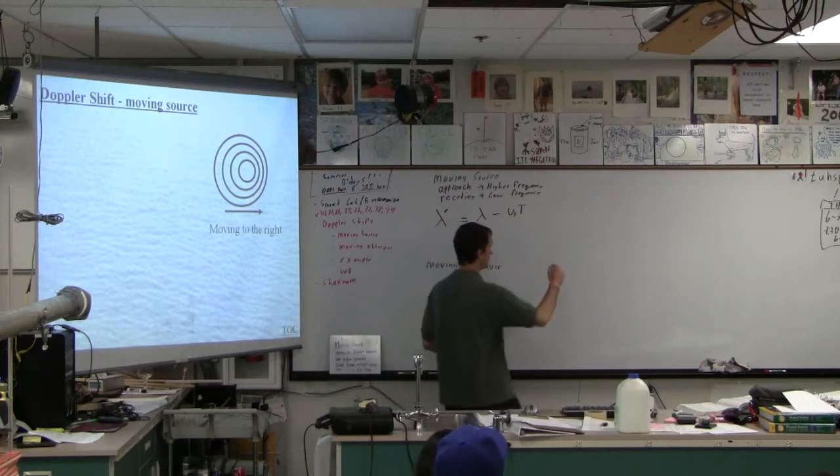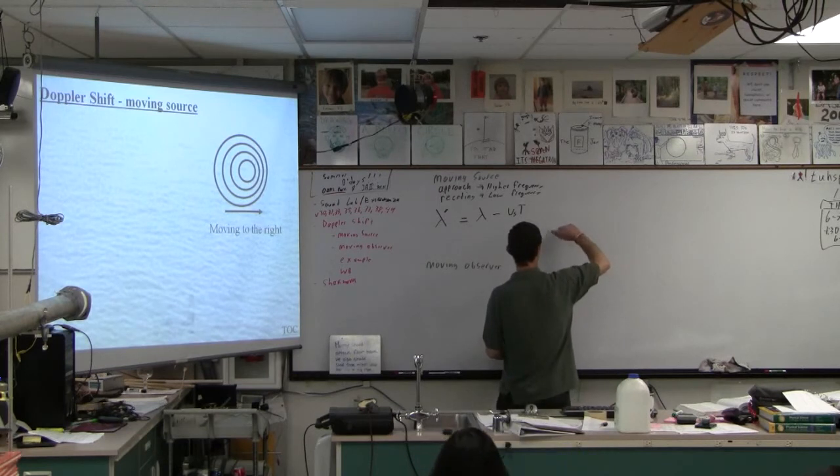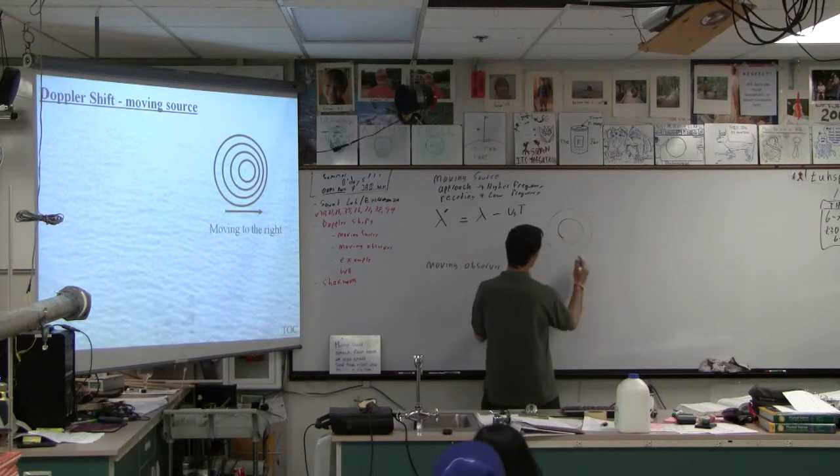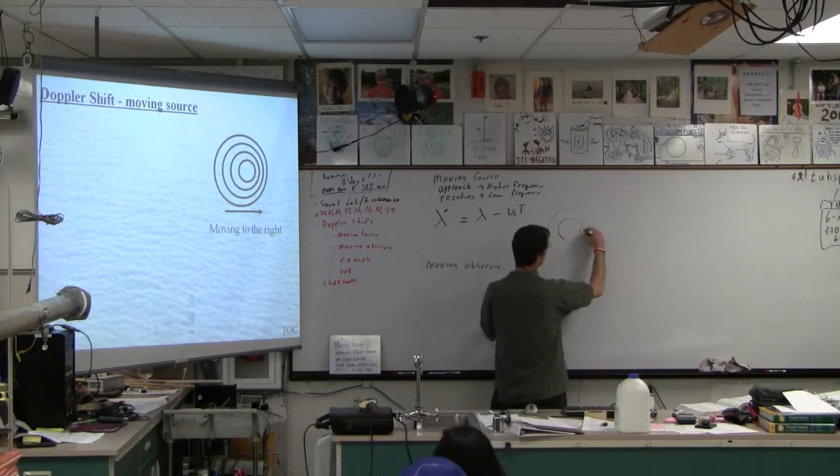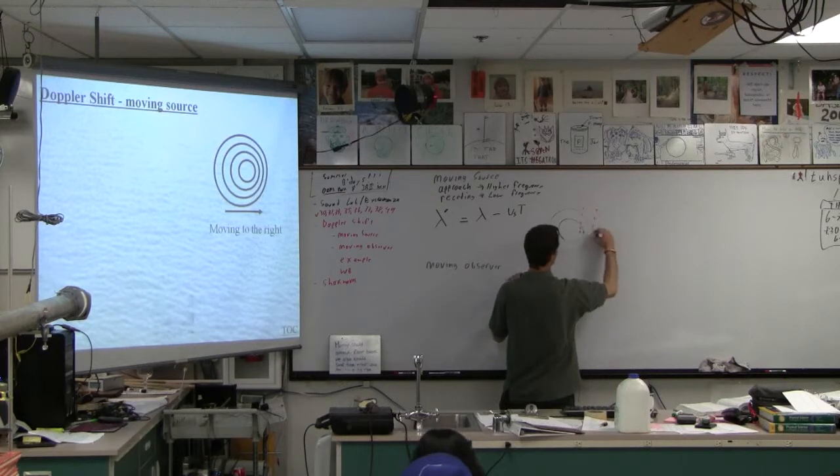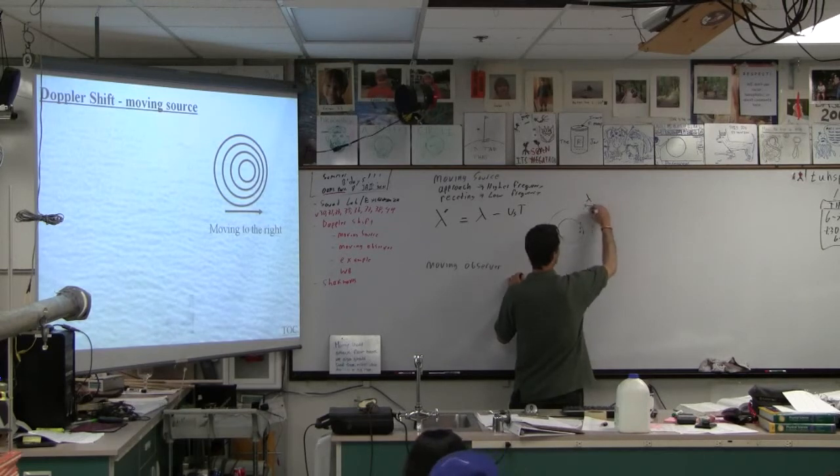So you've got these waves, a wave here and a wave here. This is what the wavelength would be, that's this distance, but in fact it's been shortened by some amount.